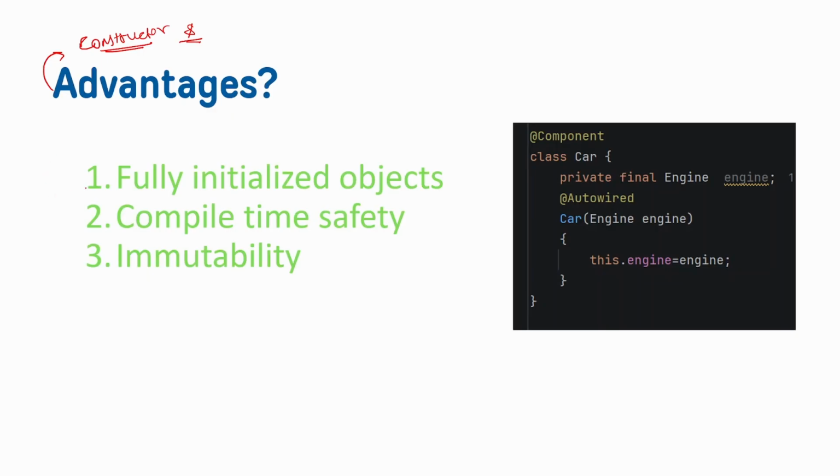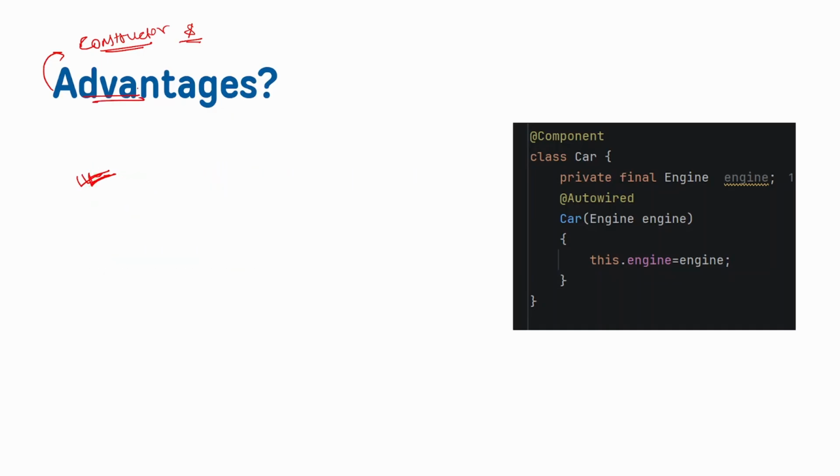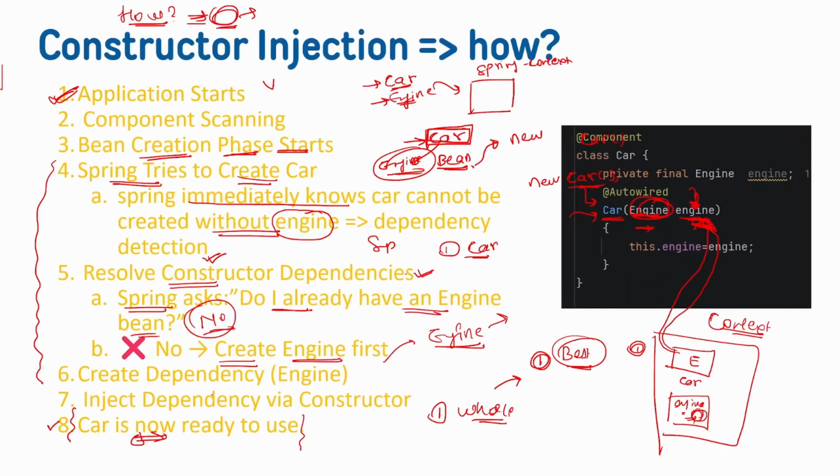First, there is a fully initialized object in the constructor injection, because the car is not ready to use until the engine dependency is satisfied.